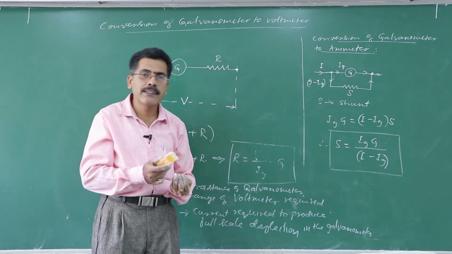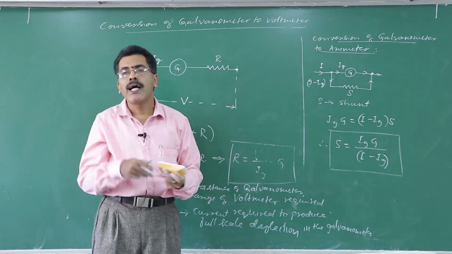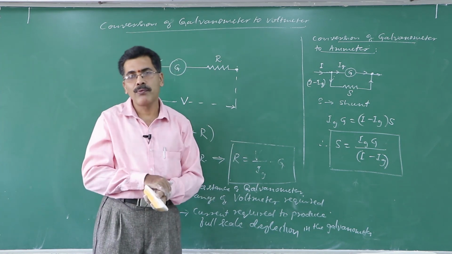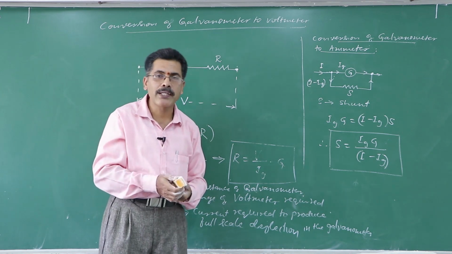So this completes the discussion on pointer galvanometer and its conversion to ammeter and voltmeter. Now we shall solve a few problems related to this.